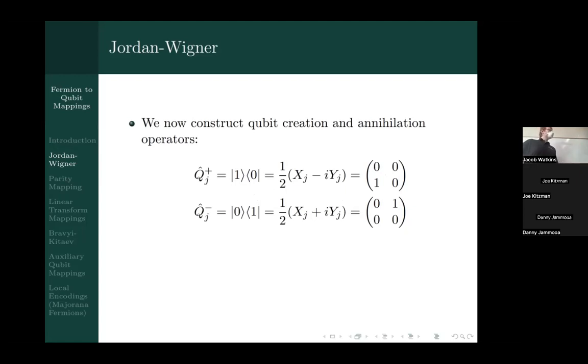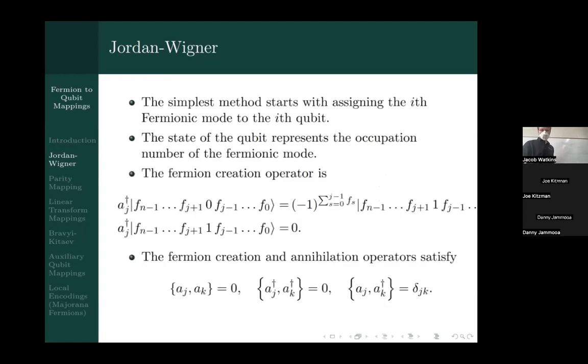Can I ask a real basic question from 2 slides back? You kind of threw me for a little. I understood the first line when you have the creation operator. So it's the 0 to 1. But I expected the second line to just take the 1 and turn that to 0.